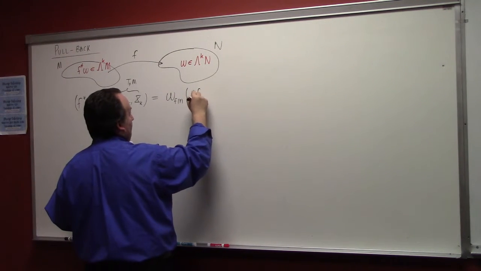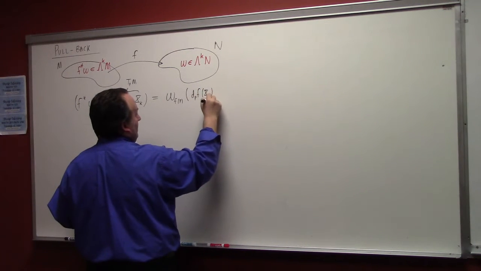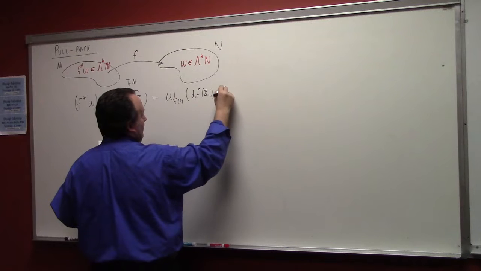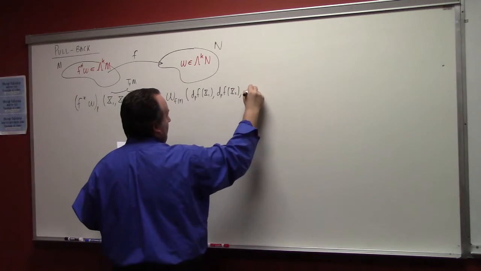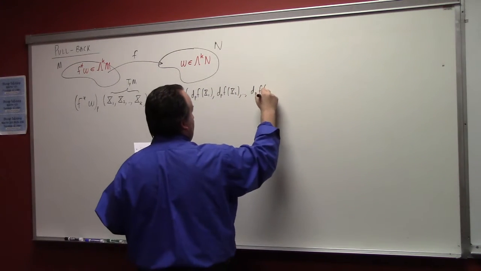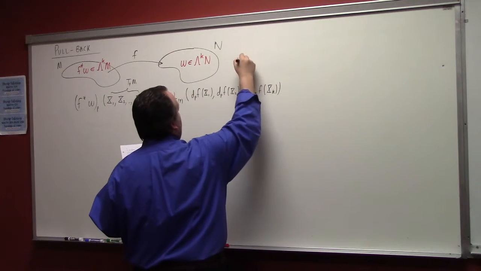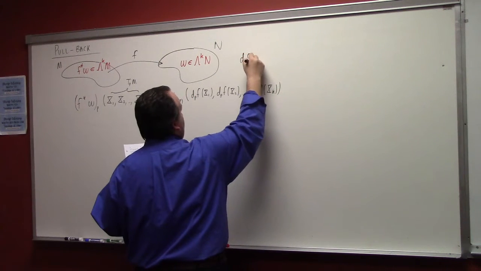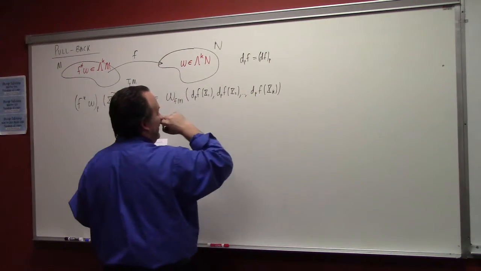d_P F of X1, d_P F of X2, and finally d_P F of Xk. Now, I will admit, Ernesto, I have not been super careful in these notes about whether I'm writing this or whether I'm writing that, okay?